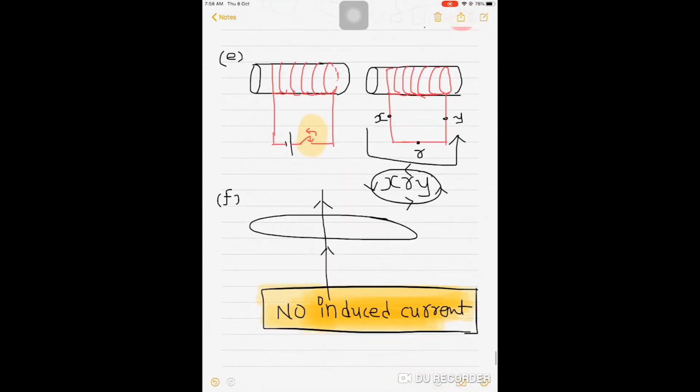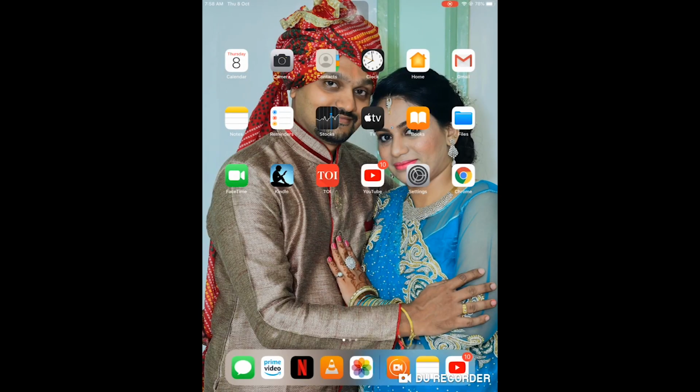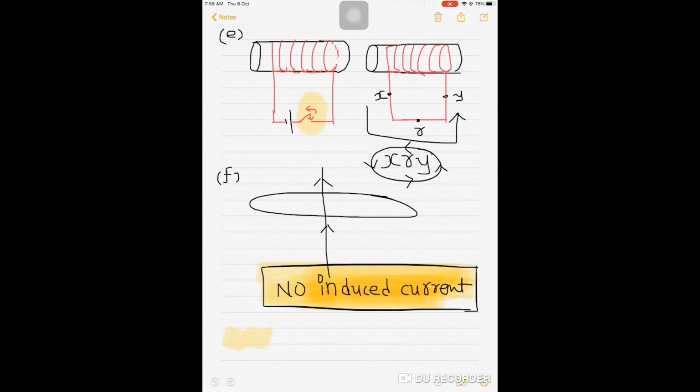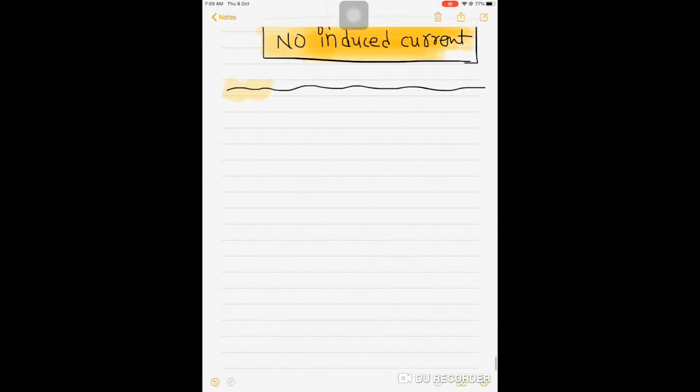Now what is given in your example number 2? First of all, we will consider the condition that is given in that case. Here in example number 2, we are given: use Lenz's law to determine the direction of induced current in the situation described.